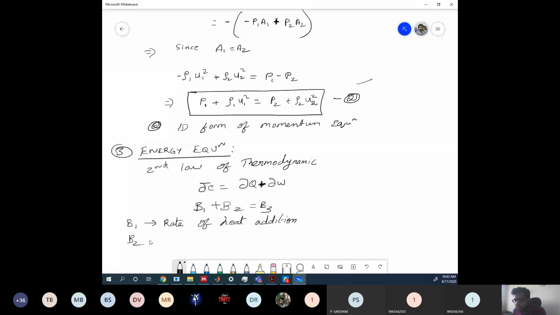B2 is the rate of work done on fluid, rate of work done. Then B3 is the rate of change in internal energy.